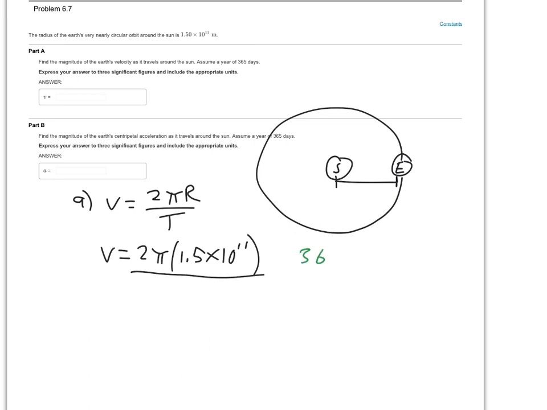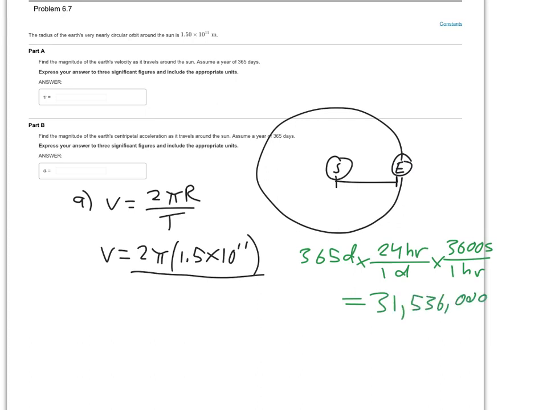So 365 days, we know that 1 day is 24 hours. We know that 1 hour, I'm just going to jump to seconds here, is 3,600 seconds. And so we find that the time for an entire year is 31,536,000 seconds.